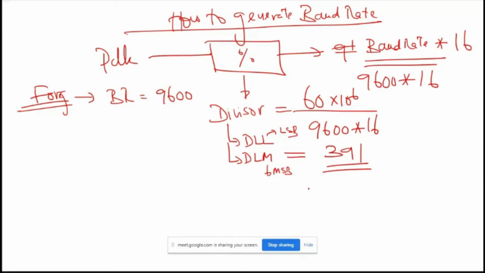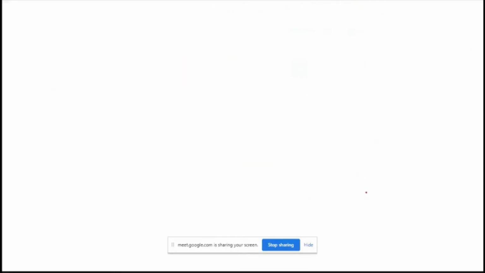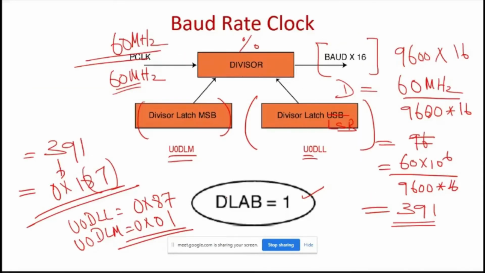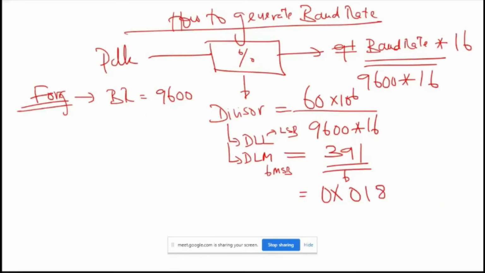What do LSB and MSB mean here? They don't actually refer to the least significant bit and most significant bit. Rather, they refer to the lower 8 bits and the upper 8 bits of the 16-bit number. So if you convert this to a hexadecimal number, it is hexadecimal 0187, which means DLL is equal to hexadecimal 87.